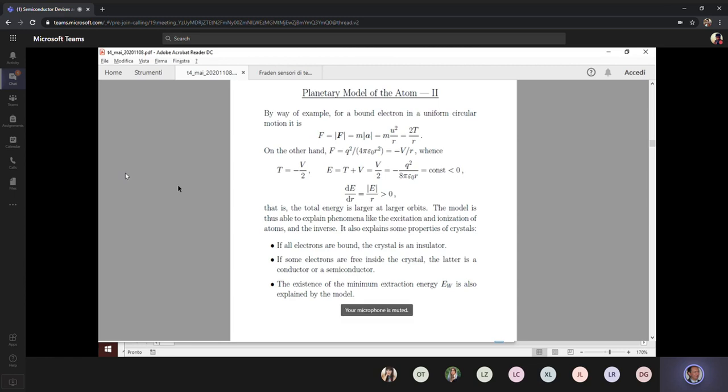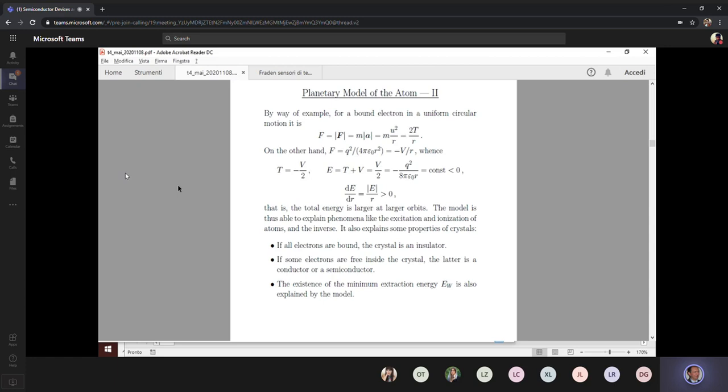The other phenomenon in which the total energy is initially negative and then it increases but remains negative, so there is no ionization. In this case, since the total energy increases, we have the process that is called excitation.